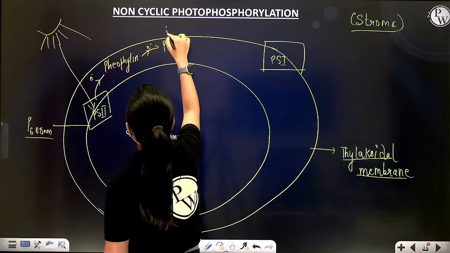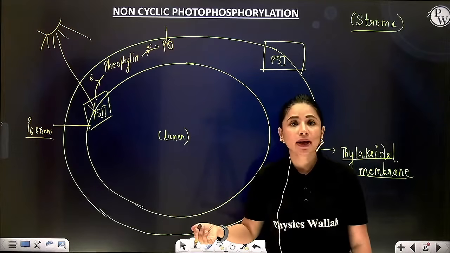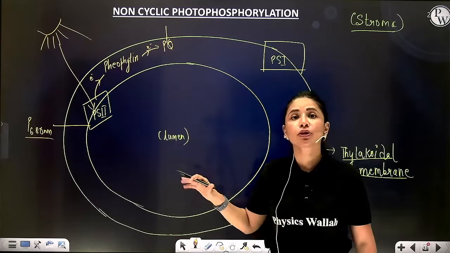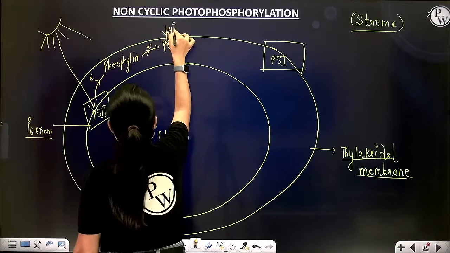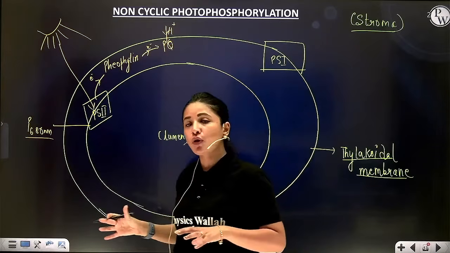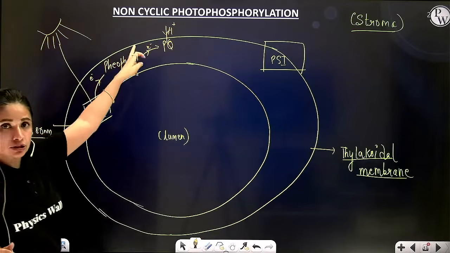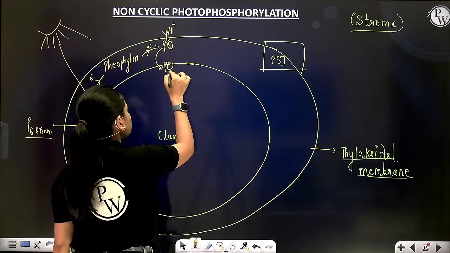Along with this, as I told you, it is a proton carrier as well. So it is going to accept the free protons from the stroma also. After receiving the electron and proton from pheophytene and stroma, this PQ will get reduced.